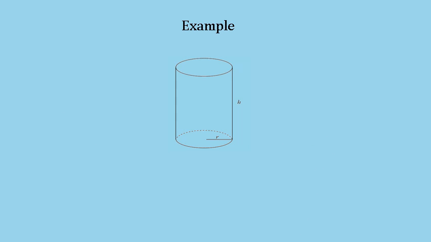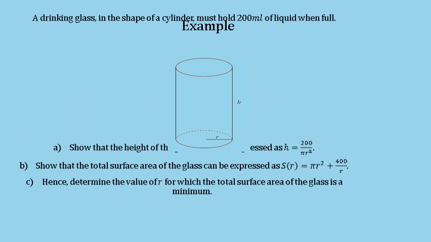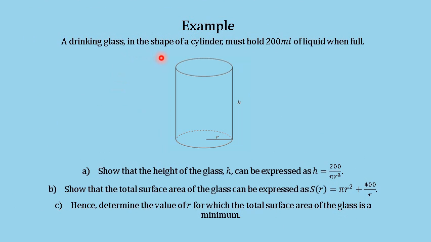Example. A drinking glass in the shape of a cylinder must hold 200 milliliters of liquid when full. Here's the glass. Number A. Show that the height of the glass h can be expressed as h equals 200 over pi r squared.